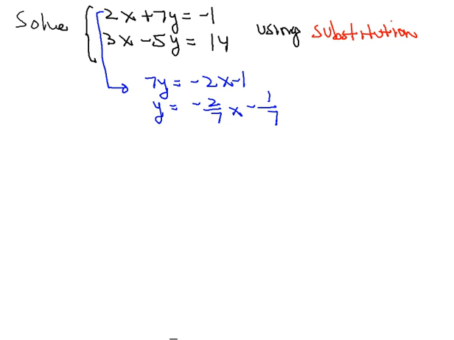So we will then have 3x minus 5 times the quantity -2/7x minus 1/7 then is equal to 14.